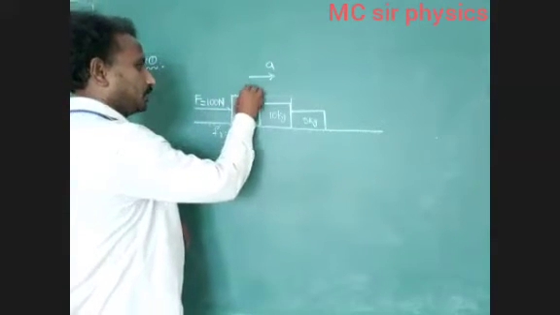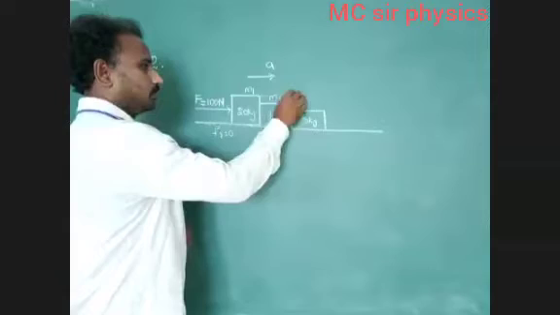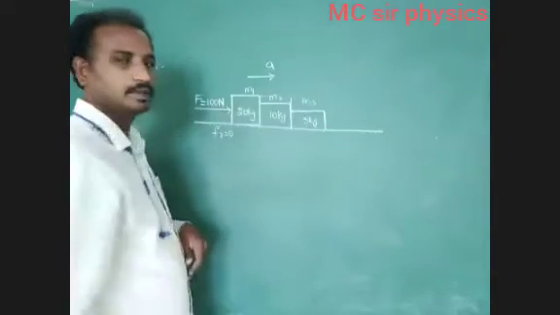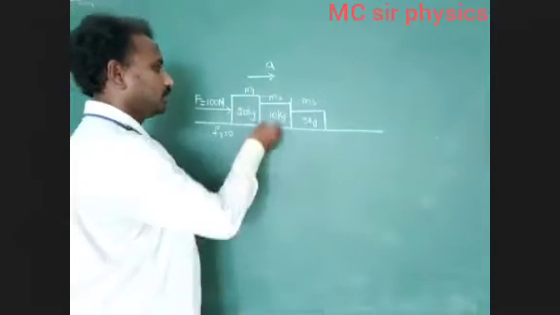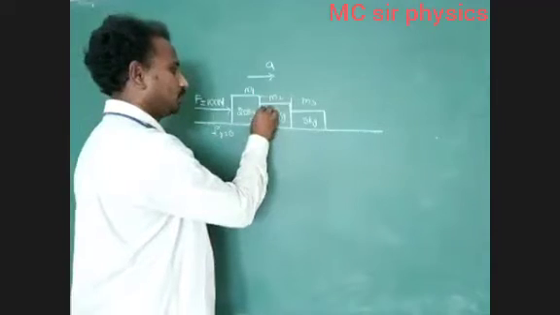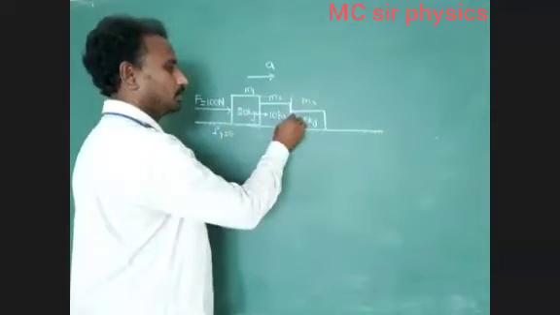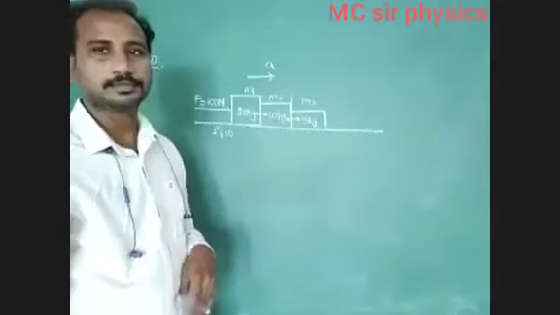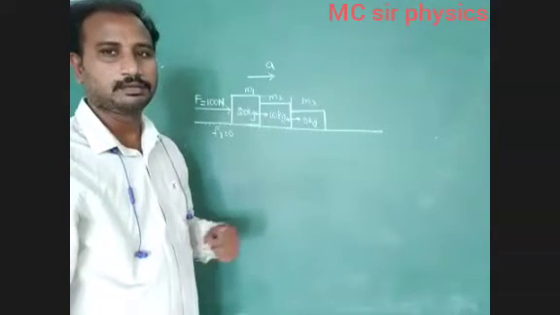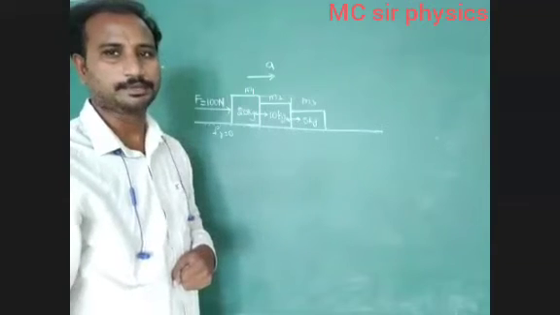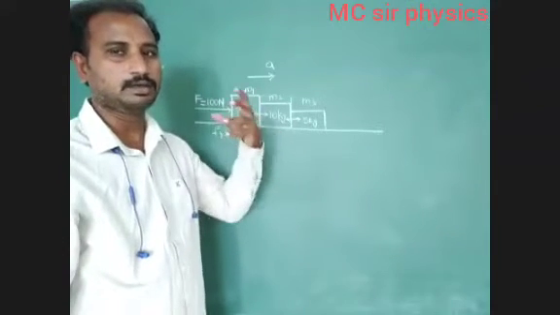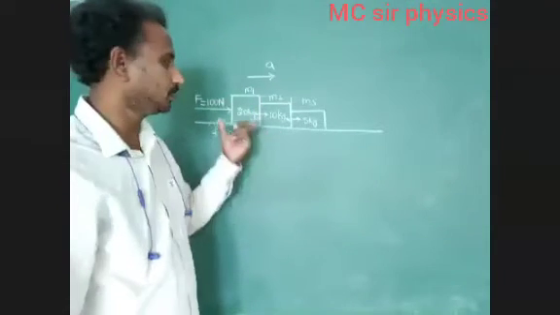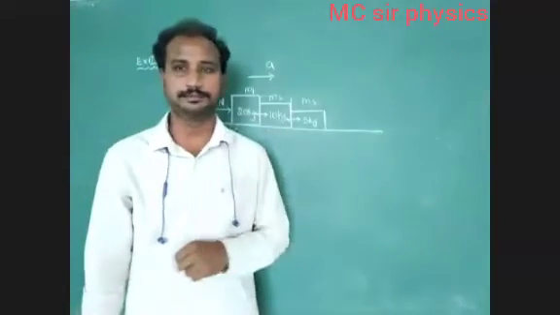Just identify one by one: M1, M2, M3. We have to find the contact force between M1 and M2, and M2 and M3. Understood? How to find it? We have to use the free body diagram. The free body diagram is one easy method for explaining higher order thinking problems.